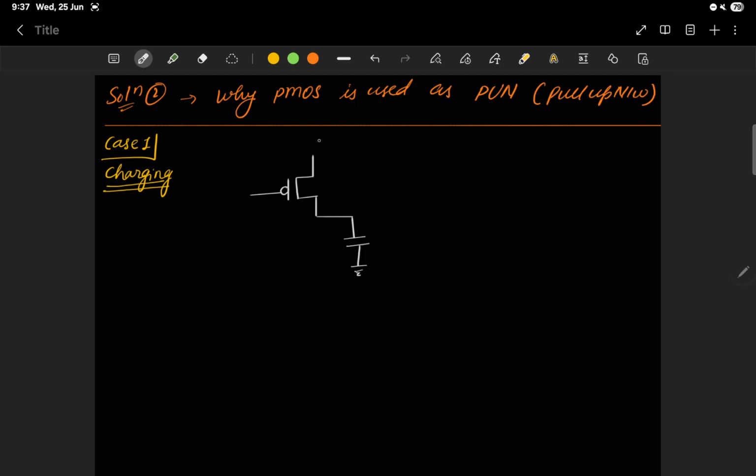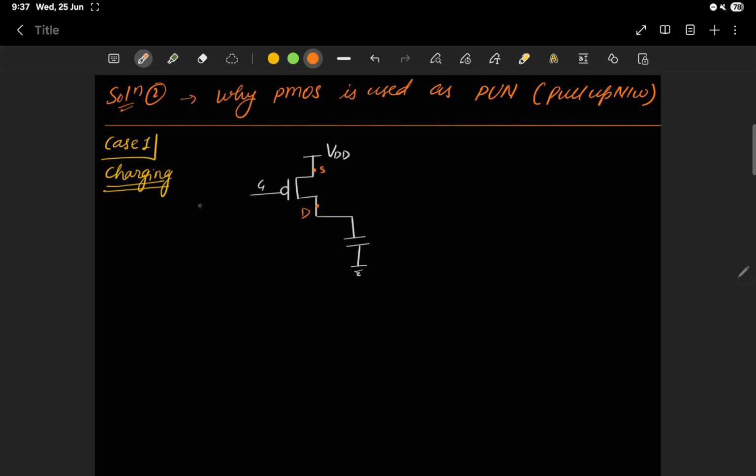This is my load capacitor. Here would be my VDD. This is my gate, and you know what is drain and what is source. You can watch my previous video, where we have successfully discussed and analyzed how to decide what is drain and what is source.